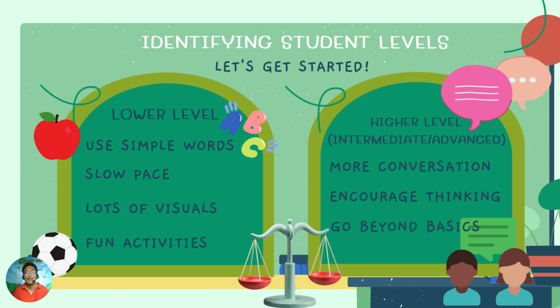With their level, we have to help them develop their critical thinking skills in English. Now, once again, encourage thinking. All right. Challenge them with more complex topics like discussing their hobbies or what they did during the day. We have to be able to push them to explain their ideas or solve simple problems in English.